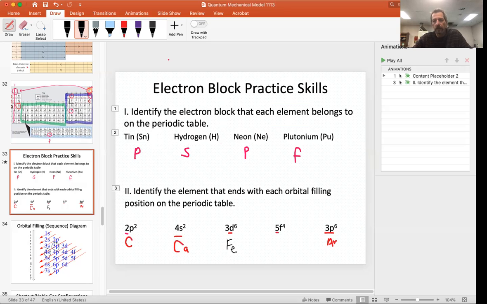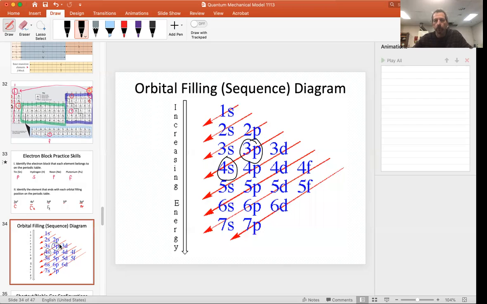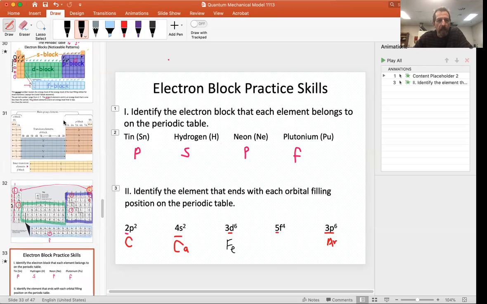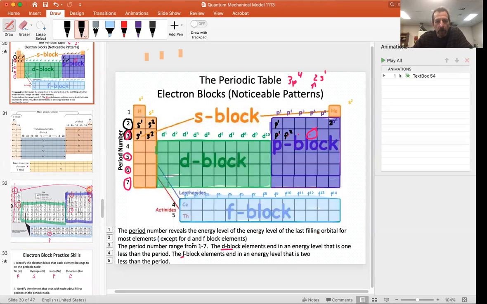Okay, I know that's a little confusing, but it all relates to what fills first, which orbitals are lower in energy. Something funky is going to happen again for the F block, except instead of it being off by 1, F block is off by 2. So the F block elements end in an energy level that is 2 less than the period indicated.